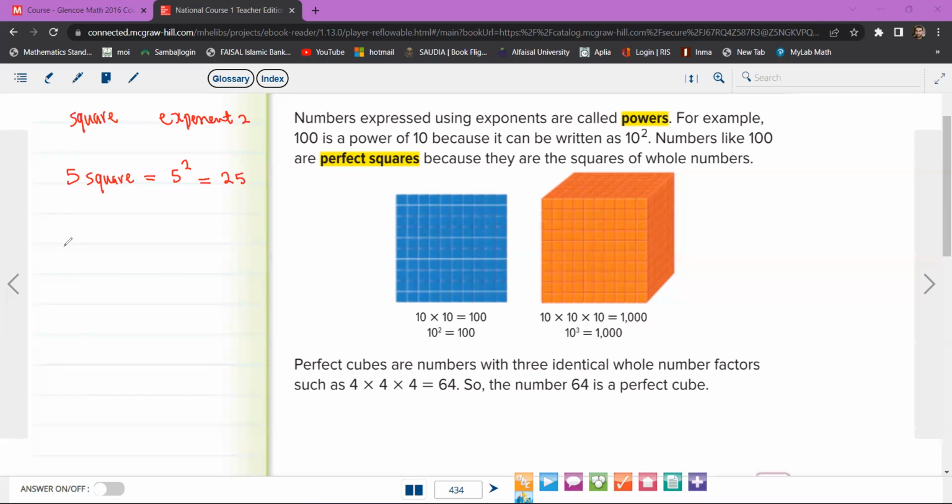And when the word cube is mentioned, it means exponent 3. Like when we say 4 cube, it means 4 to the power of 3, which is 4 times 4 times 4 equals 64.